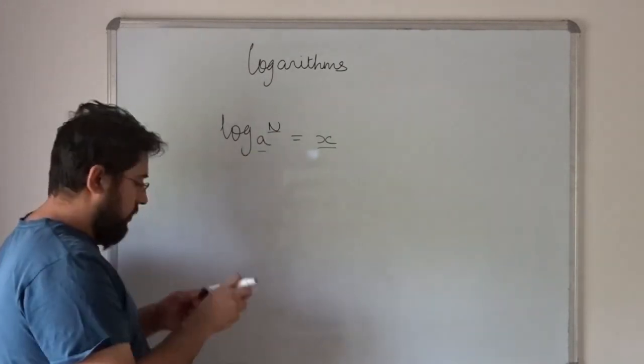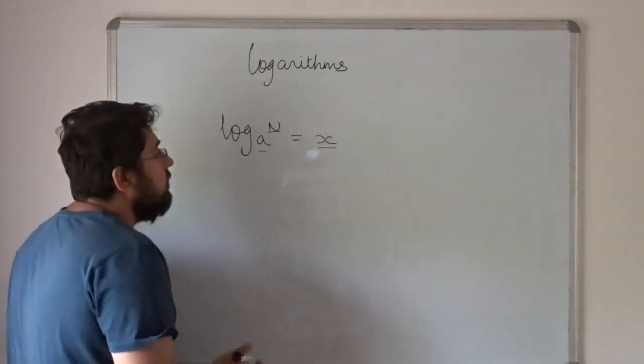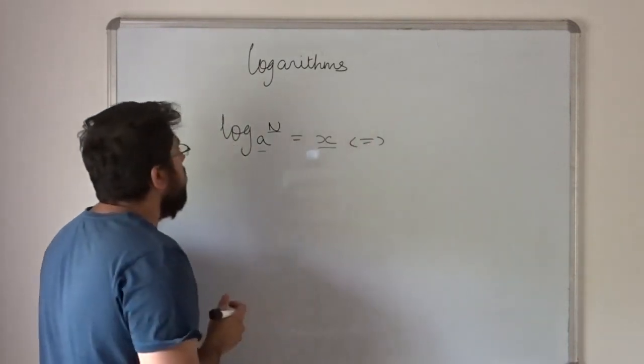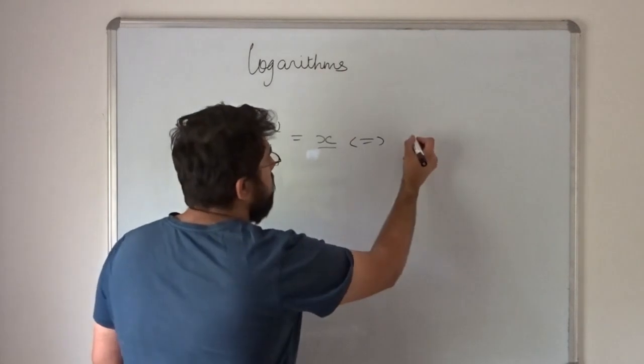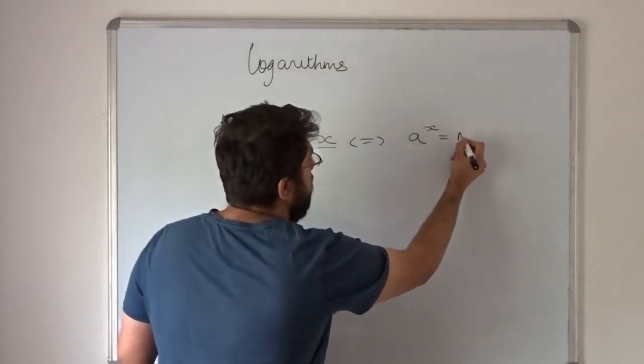Now what we need to do, guys, is convert this into an exponential equation. So this will become a to the power x equals n.